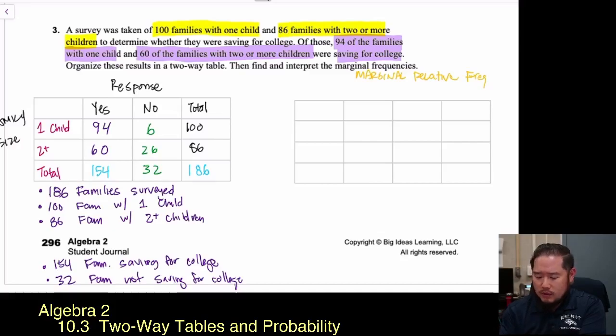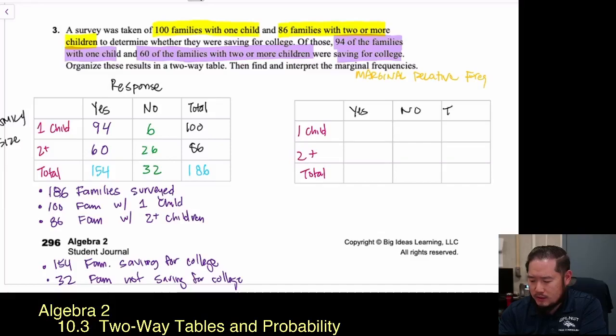What we're going to end up doing is using the same data. We're going to take the data in our table to the left, and I'll go ahead and rewrite things. We have 1 child, we have 2 plus, we have totals. And then we have yes, no, and total.